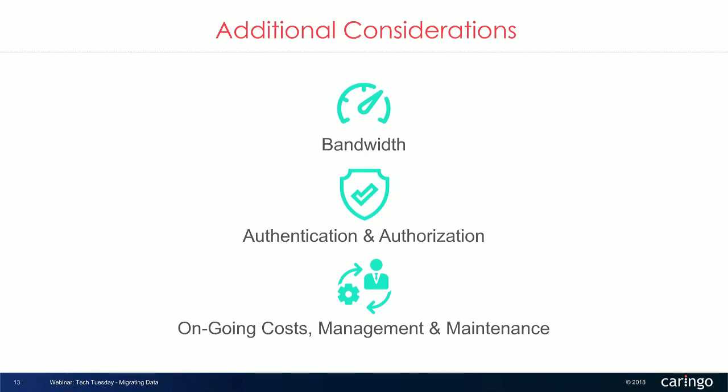Mm-hmm. And that ties into the additional considerations that we're showing in the slide here, the authentication and authorization piece. You know, we're talking about AuthN and AuthZ, very fine-grained authentication, authorization, access control lists, you name it, typically associated with object storage access. So, right, that's not a major concern.